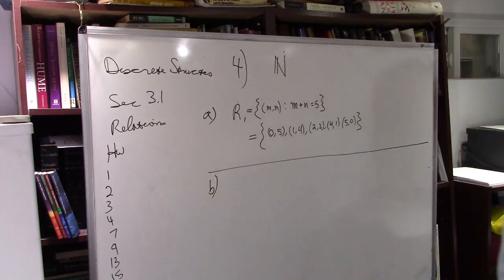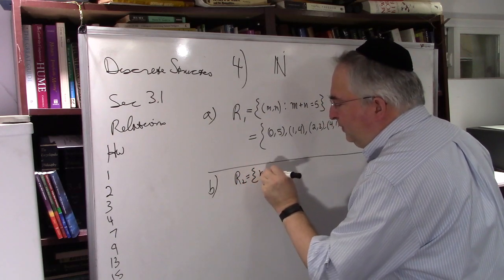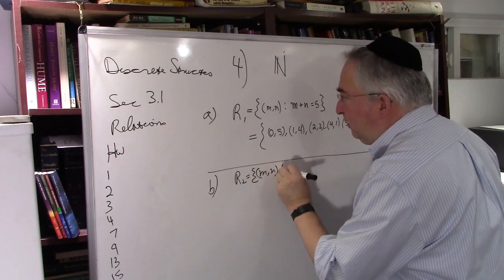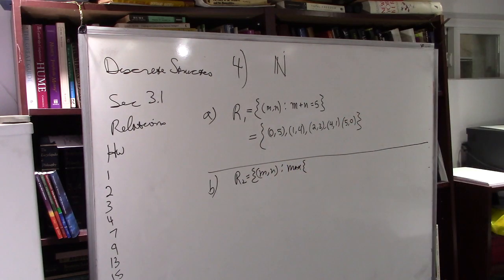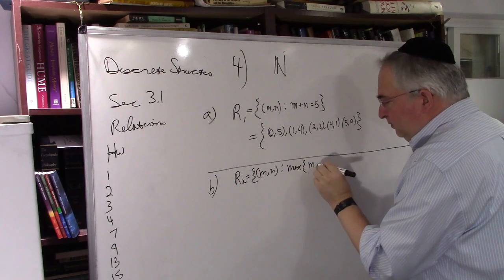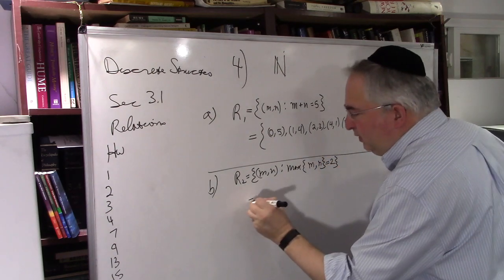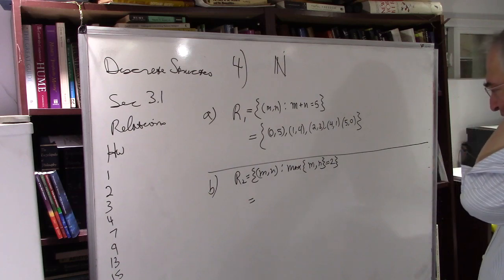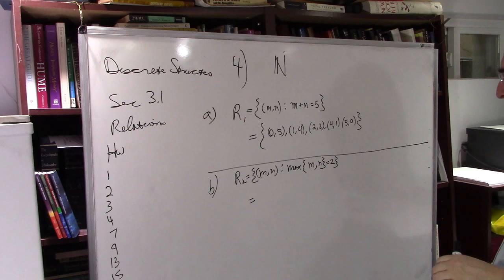Part B. Okay, do the same for max of m comma n is equal to 2. R2 is equal to m comma n such that max of m comma n is equal to 2. Okay, so what numbers, you plug them in, you get the max is equal to 2.